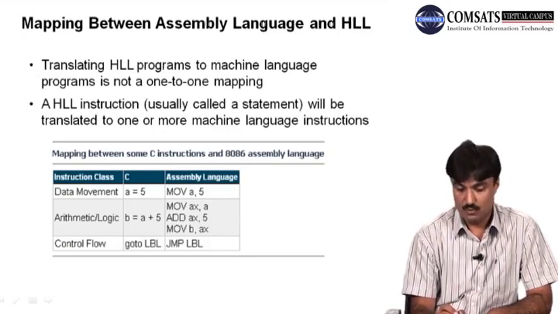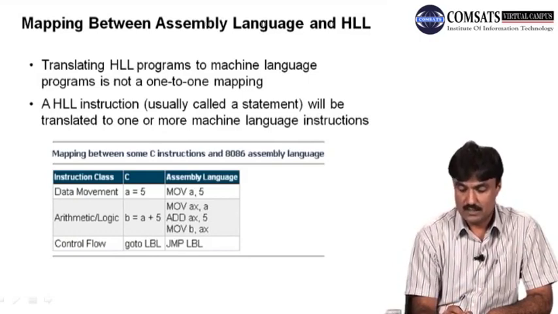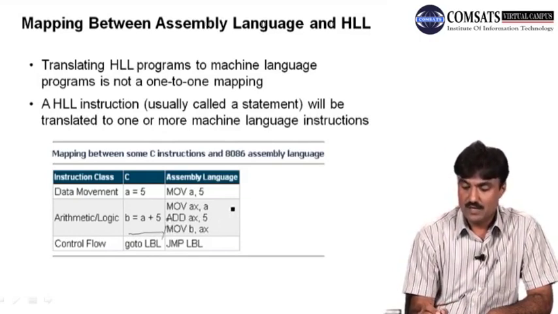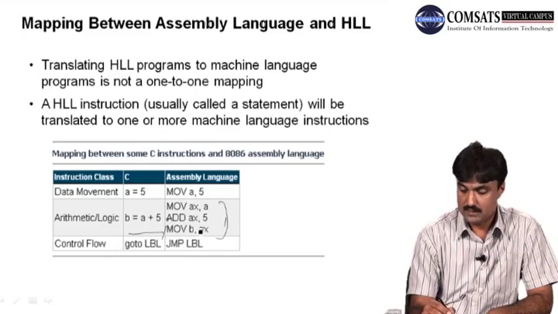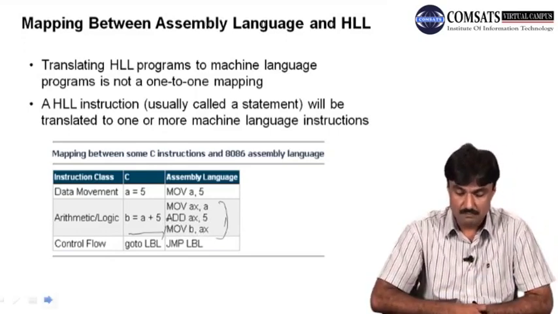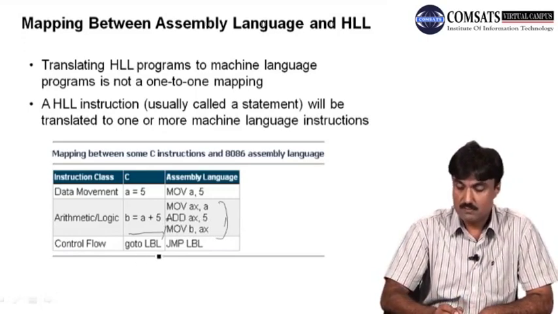So this is a very simple operation. This single operation in C can be written like this. In assembly language this operation is written like move A into the AX, add 5 with the AX, and move whatsoever the result is inside AX to the B. Control flow, like go to some label.